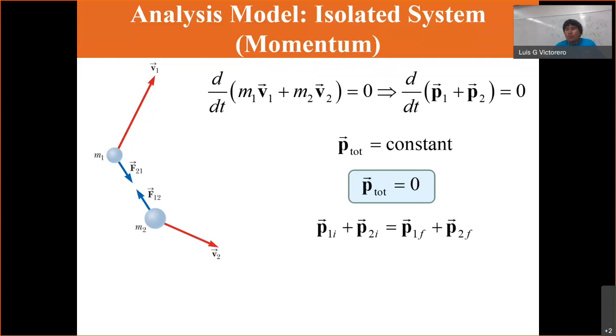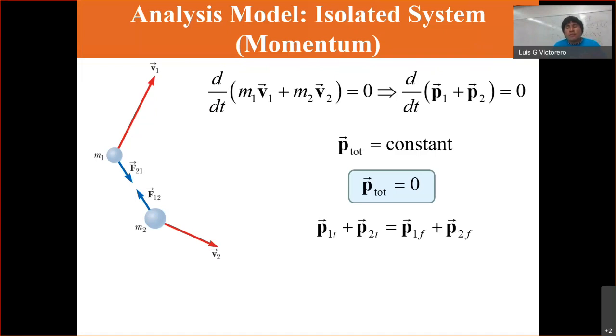So if you have two masses approaching, in any collision, since we know Newton's third law, that for every action there is an equal and opposite reaction, when there's a collision between two masses, the forces will cancel.